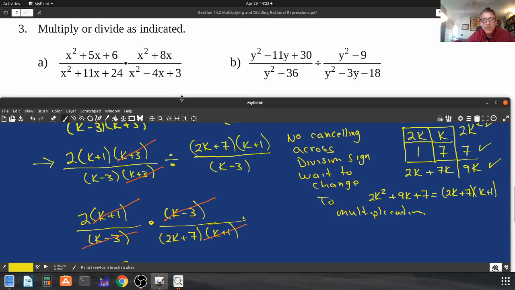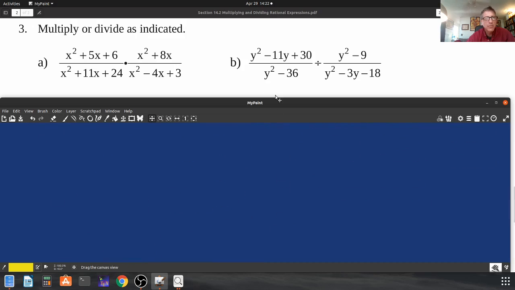A lot more to do. Multiply or divide as indicated. Working this out with examples. So we've got 3a. We have x squared plus 5x plus 6.